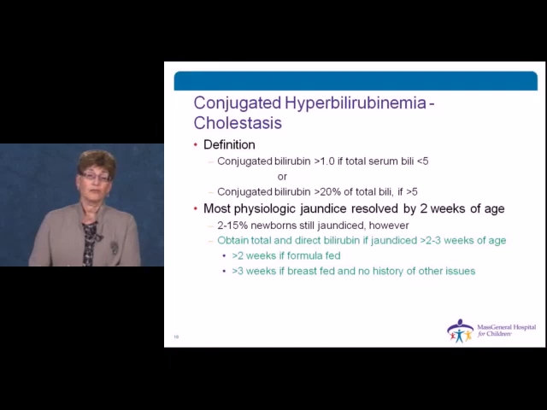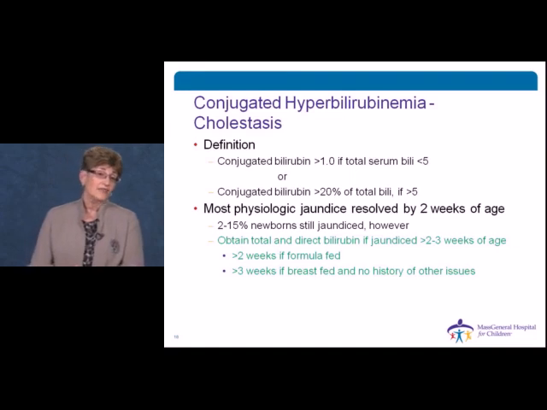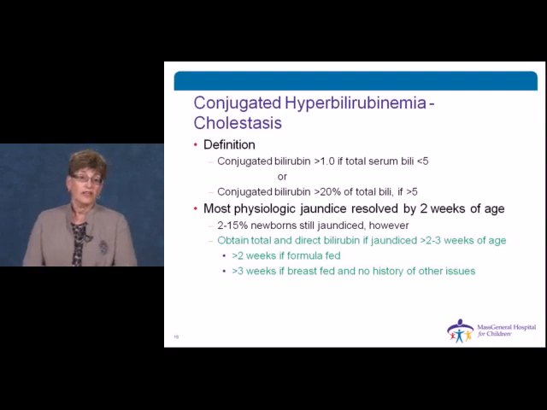It's a little bit of splitting hairs, but when we're asked to consult on this, it really does become important as you get to the higher bilirubins. So when the serum bili is less than 5, it's easy. A conjugated bilirubin of more than 1 is considered to be abnormal. But if the bilirubin is greater than 5, a conjugated bilirubin of greater than 20% of the total bilirubin is considered to be abnormal.